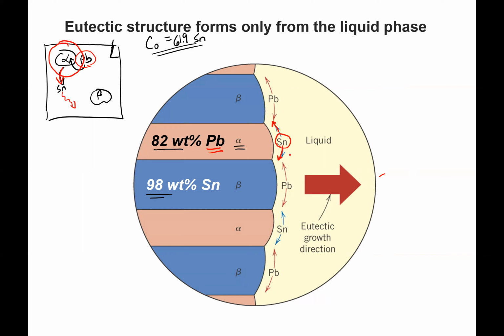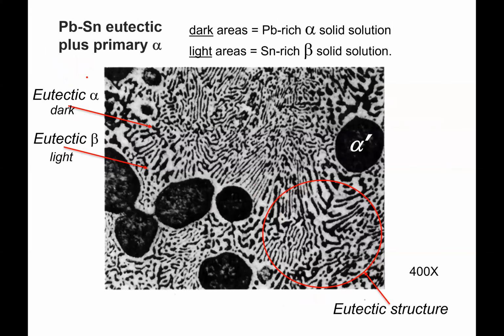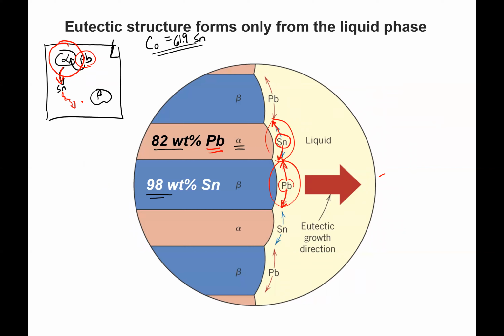And that beta wants the tin and it wants to get rid of the lead. So it also has this problem where it wants to diffuse that lead out of the way. And that's no problem because now I've got alpha sitting there very close. And so what we do is we're shortening these distances at which we have to move the lead and the tin. Where in my other example, I'd have to move that tin all the way over to wherever that other beta particle is.